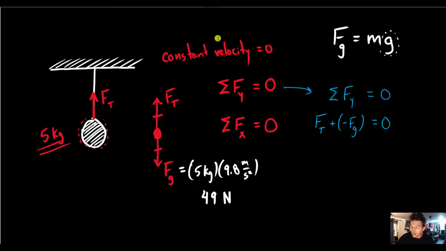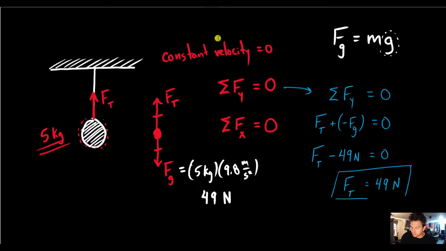So what do I know? I know the force of gravity is 49, so I can substitute that in and say minus 49 newtons is equal to 0. So right away now I can solve for this tension force, and I can find out that the tension force is also equal to 49 newtons.